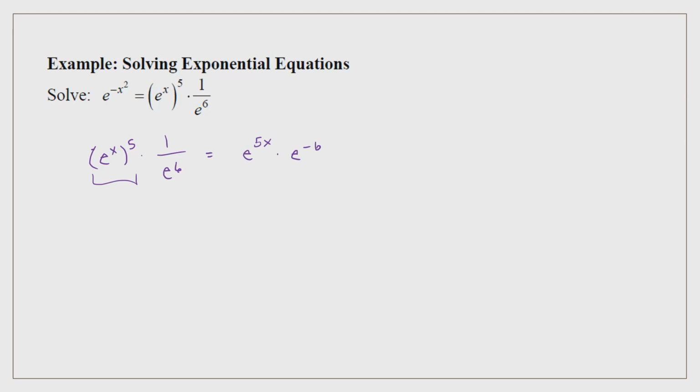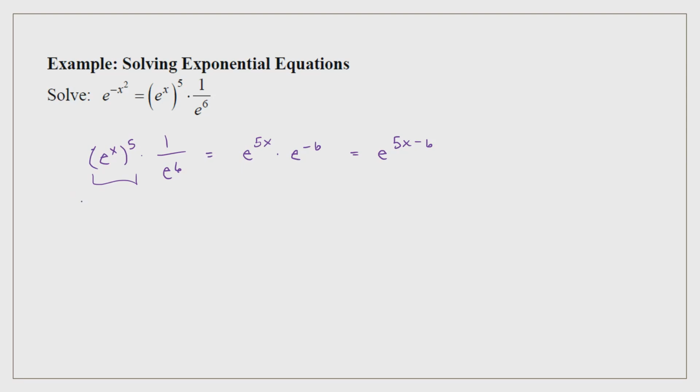So I have a base times another base that is the same. Since they are the same, according to the law of exponents, I'm going to add their powers together. So this is going to be the same thing as e to the power 5x plus negative 6, which is the same thing as 5x minus 6.